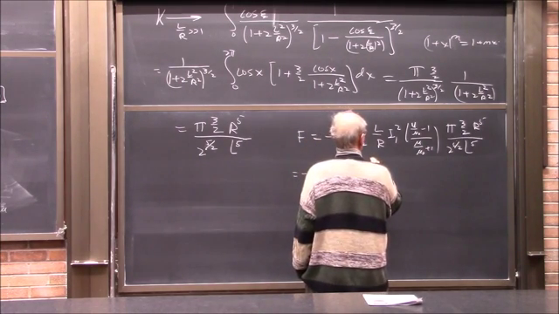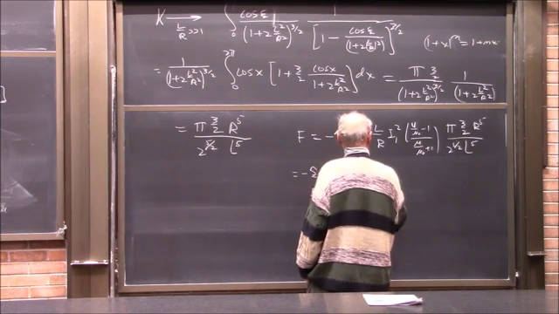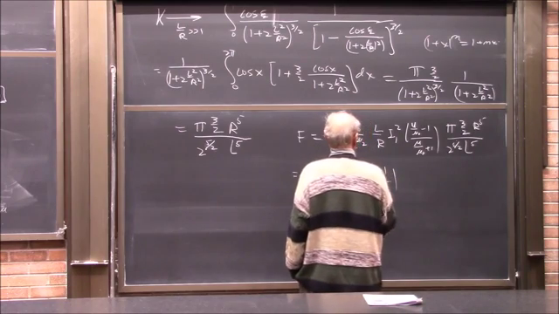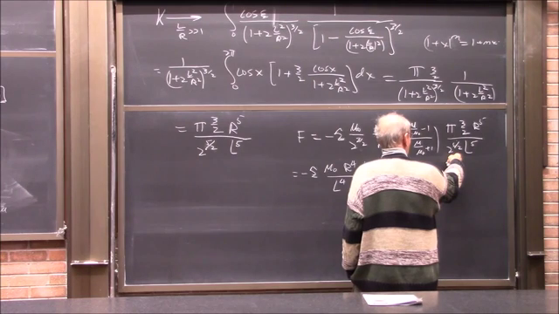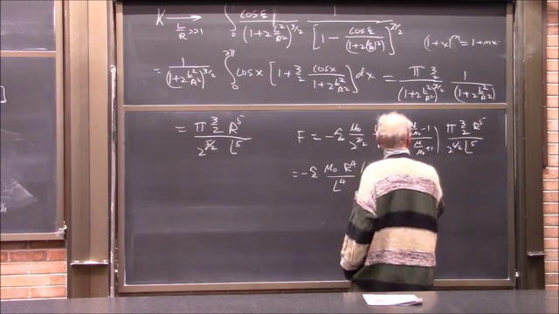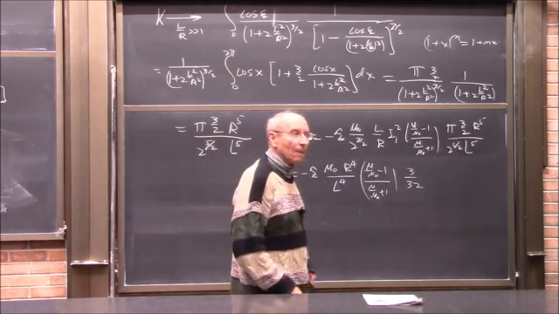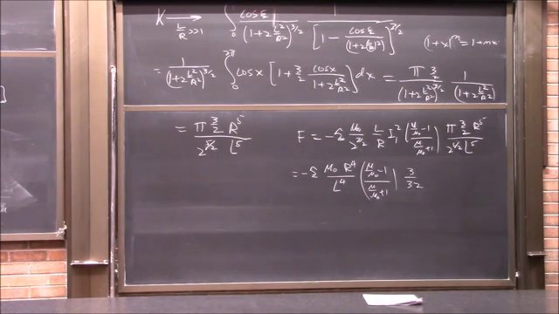And then you have mu over mu 0 minus 1 over mu over mu 0 plus 1, and 2 to the 3 halves times 2 to the 5 halves, that's 2 to the 8 halves, that's 2 to the 4th, that's 16, so that's 3 over 32. So that is the predicted force in the limit that they're far apart.